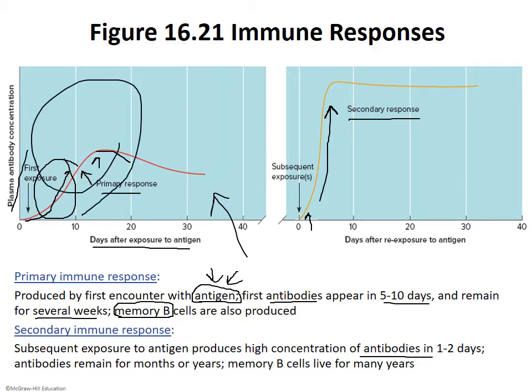We know what works. Boom, we're producing antibodies. They're going to spike. They're going to remain for months, waiting to see, you coming again? And then it'll start dropping off. But those memory B cells can live for years. So if this guy comes back again, boom, we're on it.